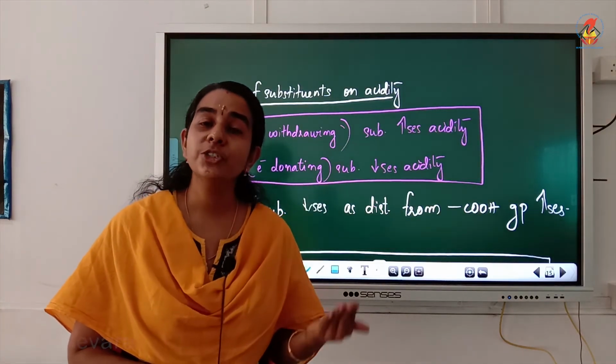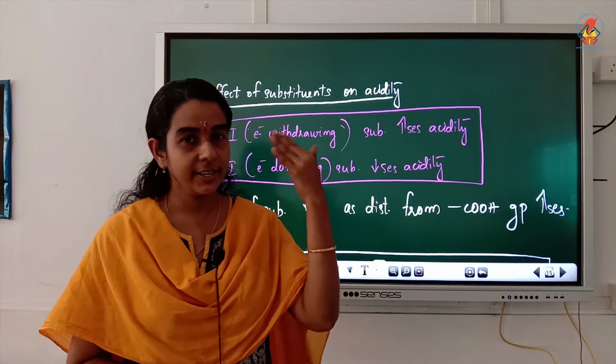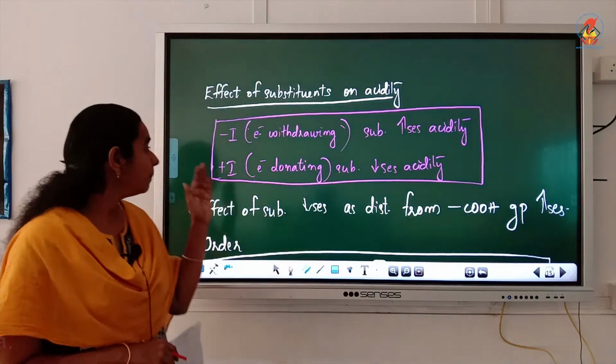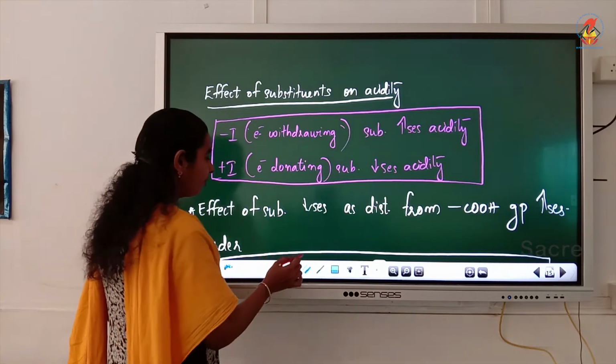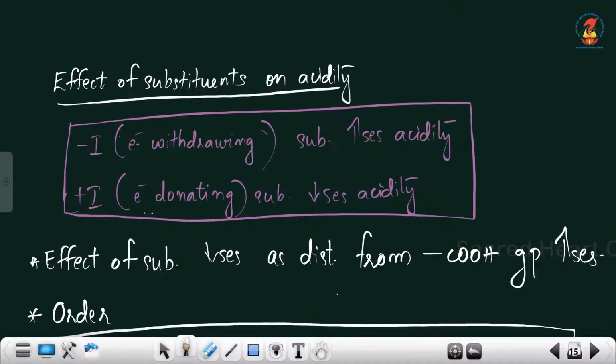So, electron withdrawing groups always increase acidity, and plus I groups, that is electron donating, or we can call it electron releasing, will decrease acidity.